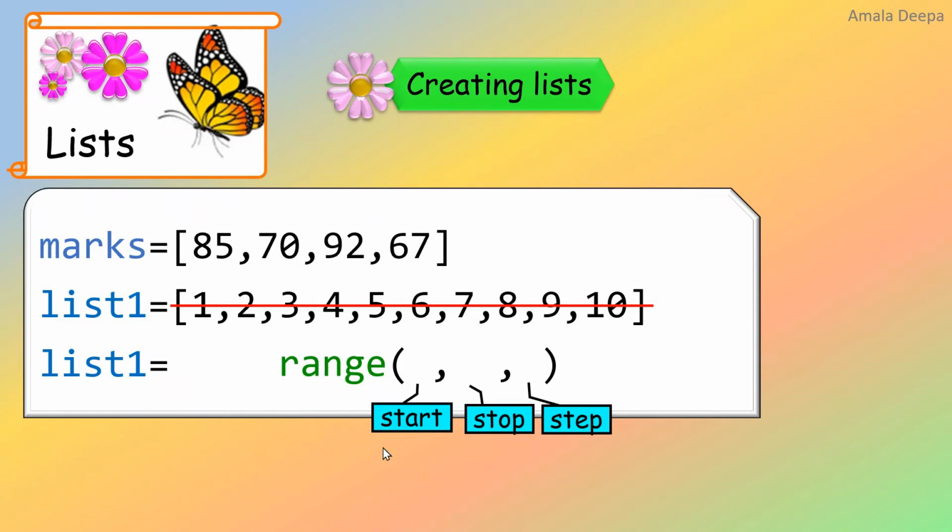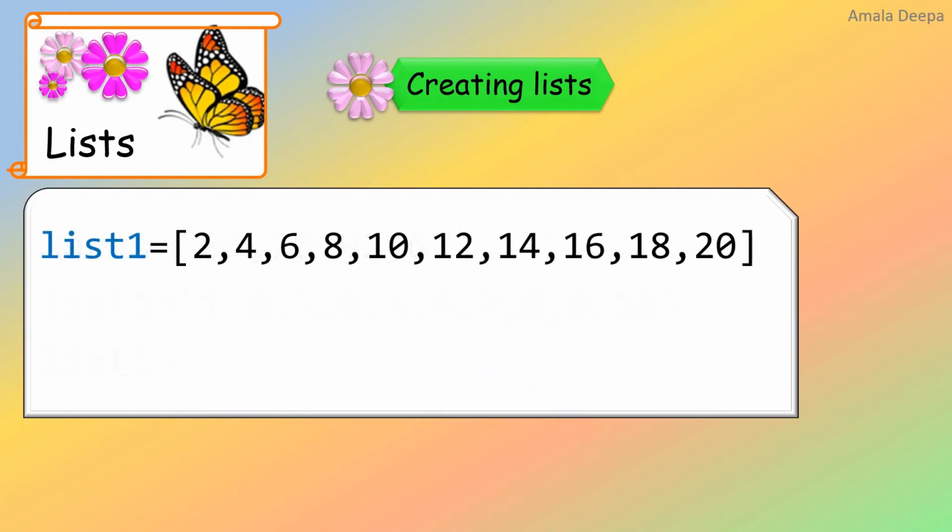The start value must be 1, the stop value must be 11 and the step value is 1. And then surround the range function with the list function.